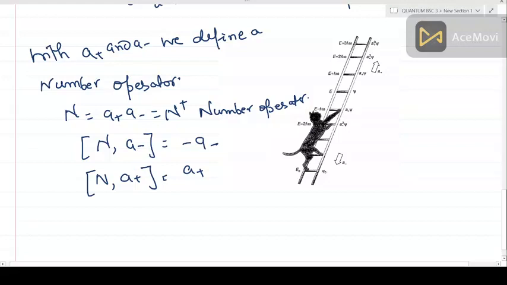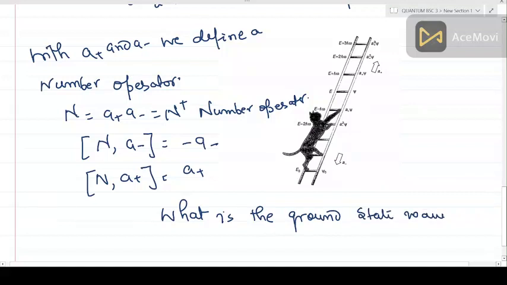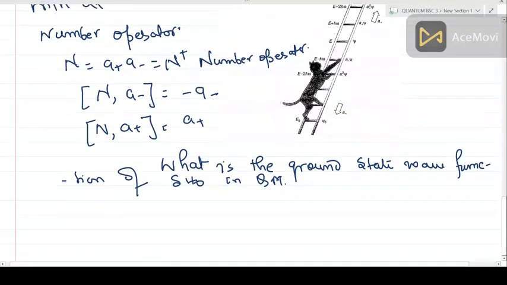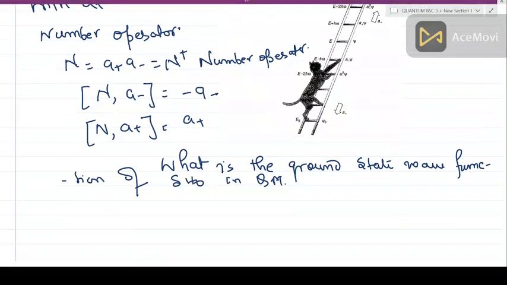After having discussed all these things, if someone asks you, what is the ground state wave function of the simple harmonic oscillator in quantum mechanics? Because that is the most important thing. Schrodinger equation solution means you have to find out the wave function.